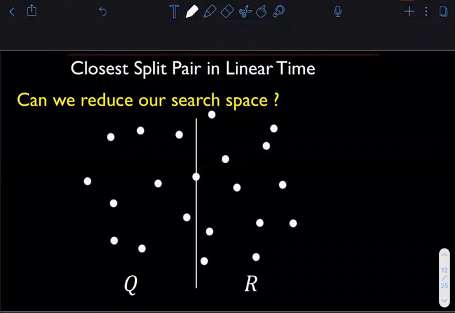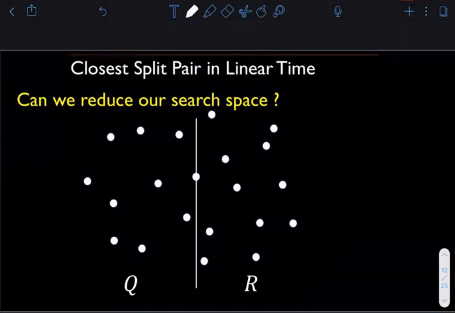In the inversion counting algorithm, what saved us is that they were just single numbers, and we were able to sneak the counting into our merge subroutine, which gave us a linear time algorithm to compute the split inversions. But here things are everywhere, they have two coordinates and whatnot.